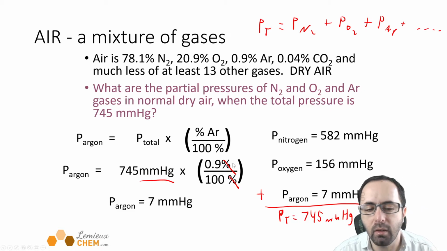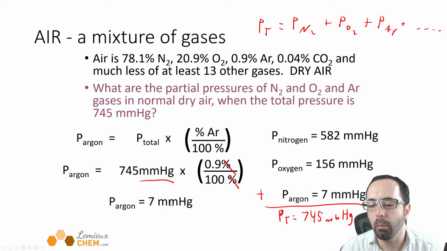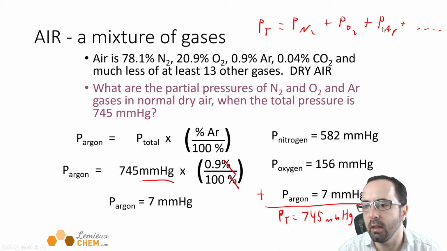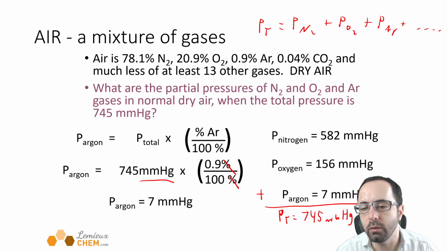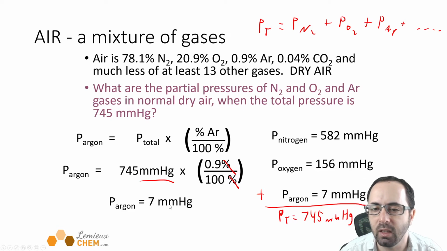So you can see here that when we break this down into partial pressures, what we're doing is basically the opposite of adding them up. But then we can simply, if we want the total pressure, add them back up again and get the total pressure. So these equations are two sides of the same coin. This is adding them up to get the total pressure. This is breaking them down by their percentages to get the partial pressure of each one.